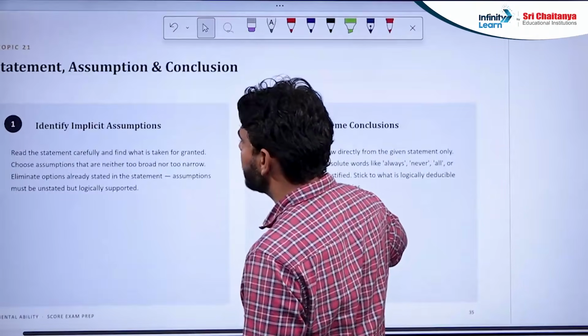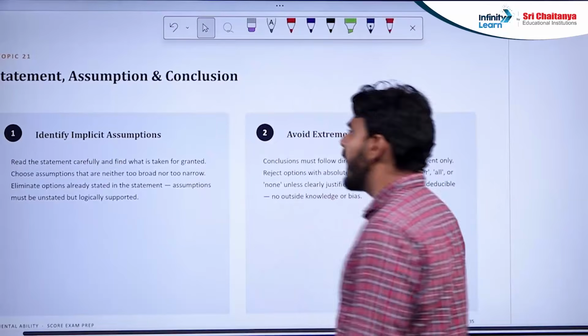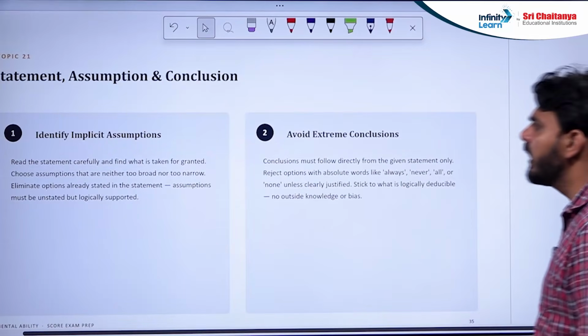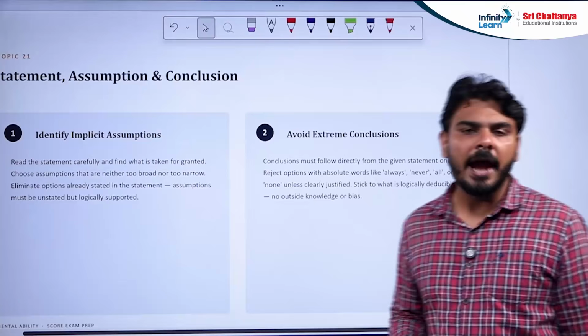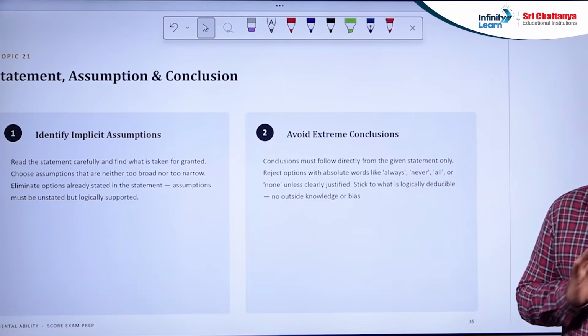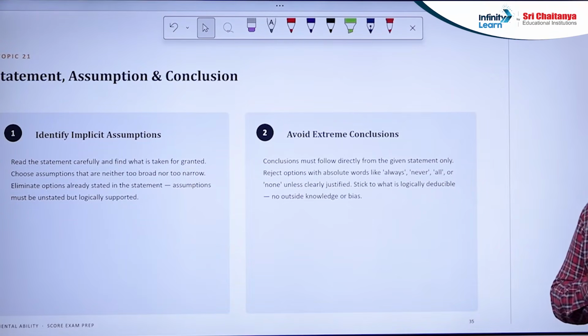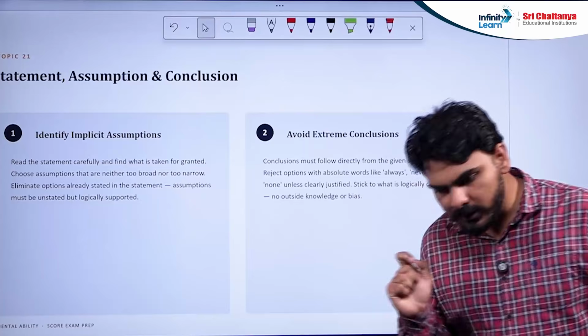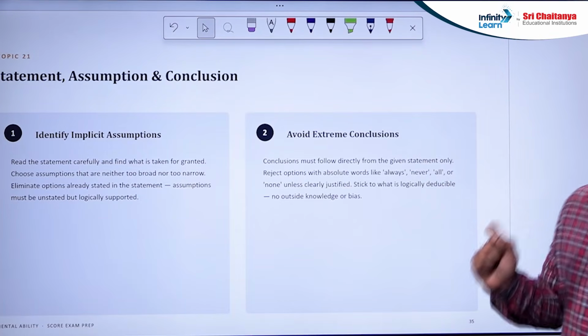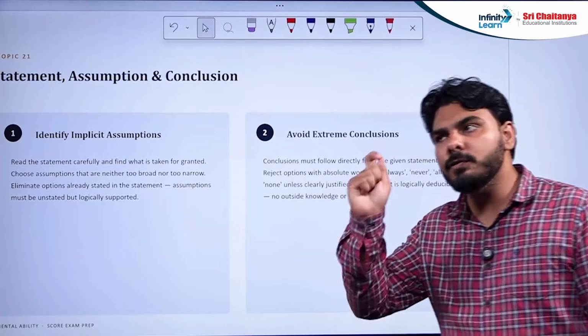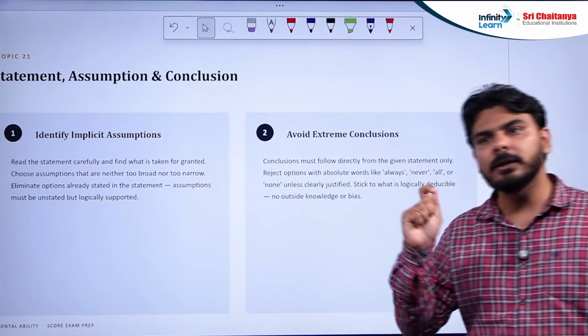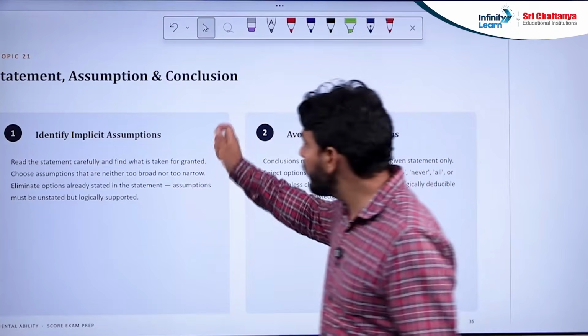Our next topic is statement, assumptions and conclusion. Statement assumptions means you might be given some statements, and after that you are given some conclusions. In the options you might be asked which of these statements is implicit, or which of these statements correctly matches the conclusion.